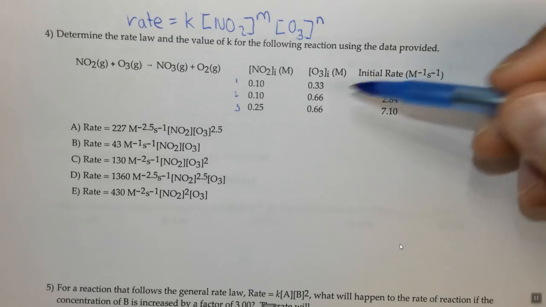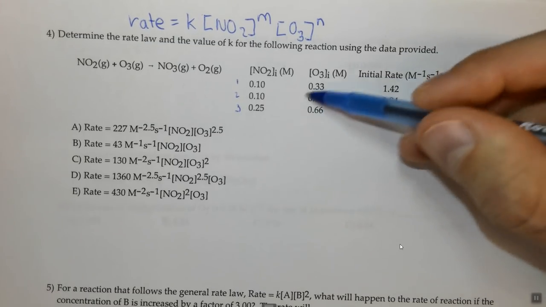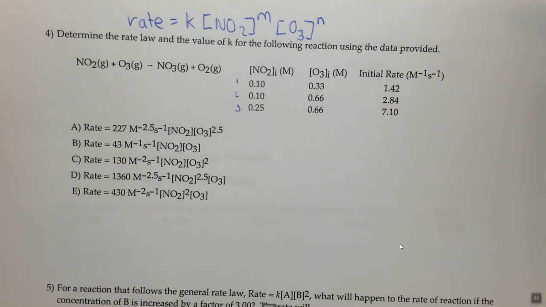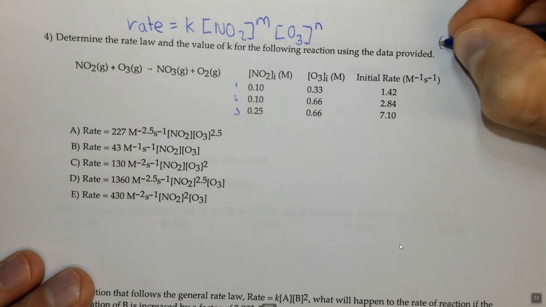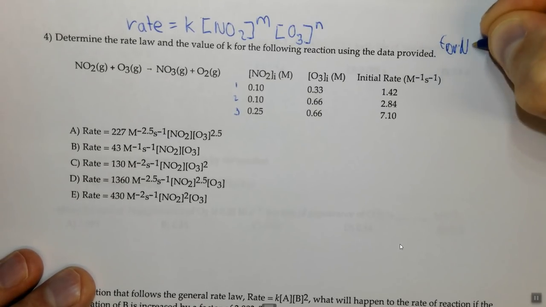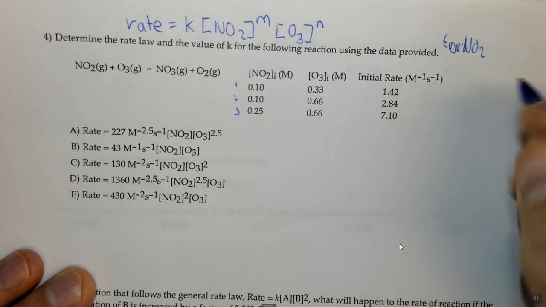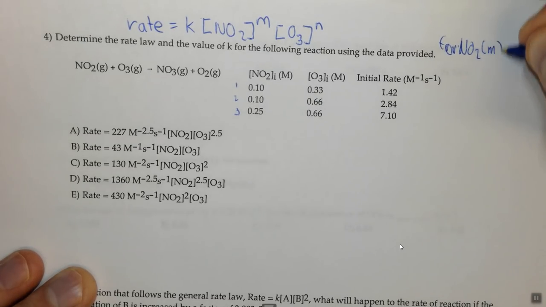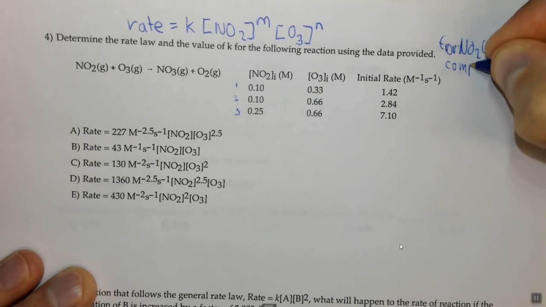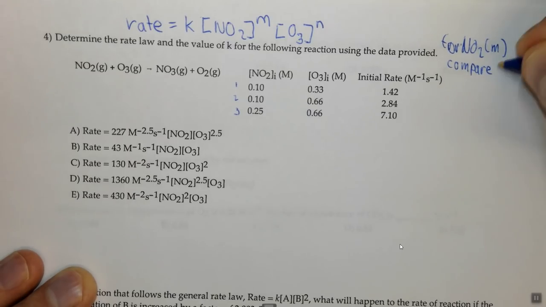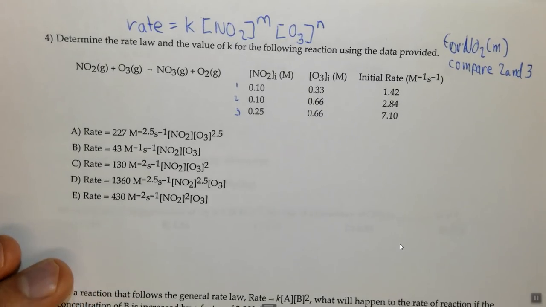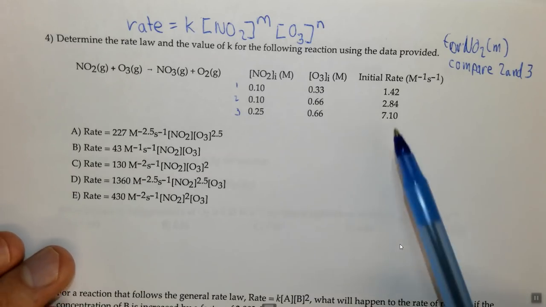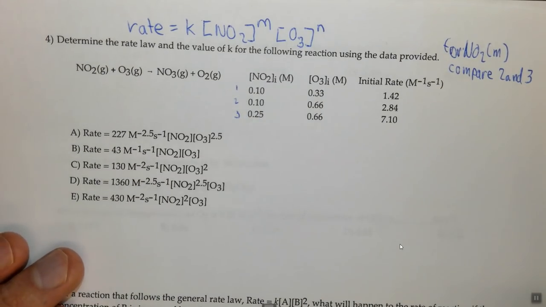What about the concentration of O3? Well, it remains constant. So for the rate order with respect to NO2, which is M, I want to compare reactions 2 and 3. Now I want to write the rate laws using the information provided for both of them.